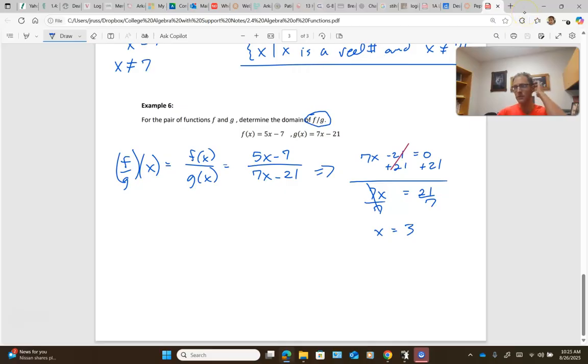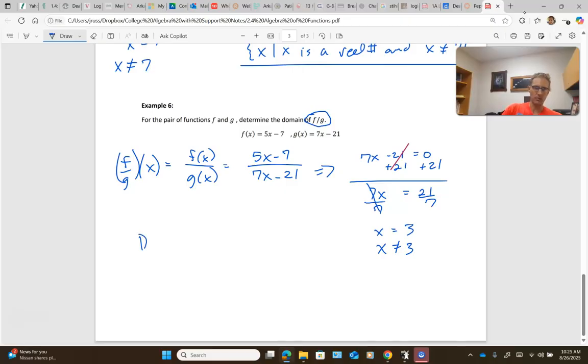And so 3 is the value that's restricted from the domain of the quotient of those two functions. In other words, x cannot be equal to 3, for the quotient of those two functions.